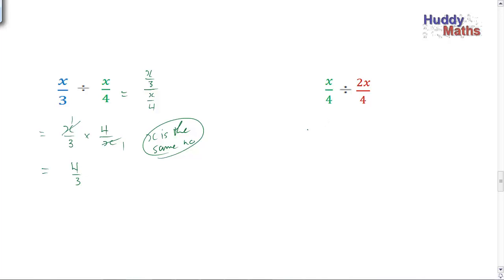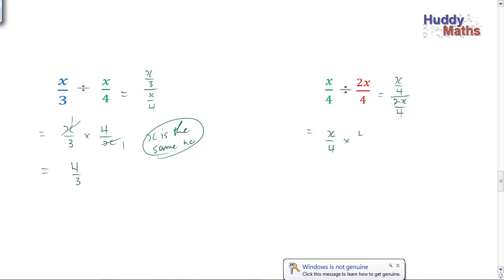What about this one over here? We might think of this as x over 4 divided by 2x over 4. Okay, let's use the rule again. I hate this rule business because you don't even know why it works, do you? Oh well, I'm going to show you in a minute. So we're timesing by the fraction turned upside down.